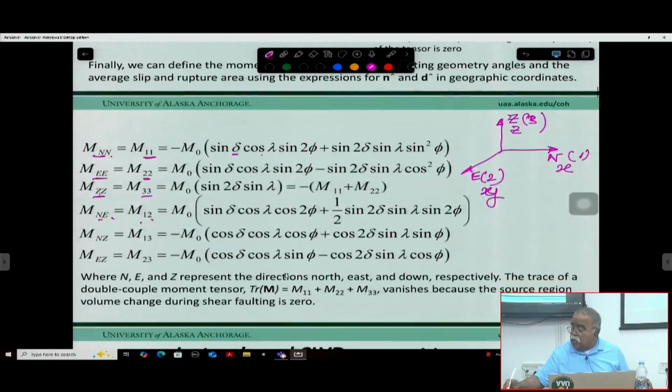So if you know the dip, lambda, and the strike of the fault, then I can calculate which moment will be generated, and that moment component we can use in the moment tensor, and we can calculate the values. So this is your calculation for the moment tensors.